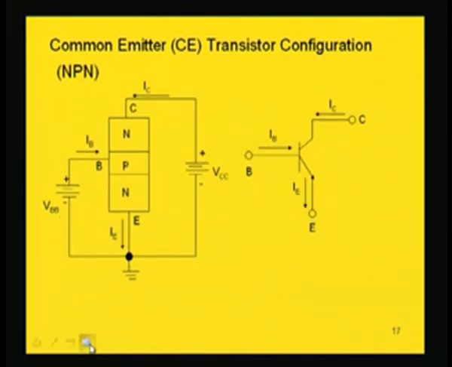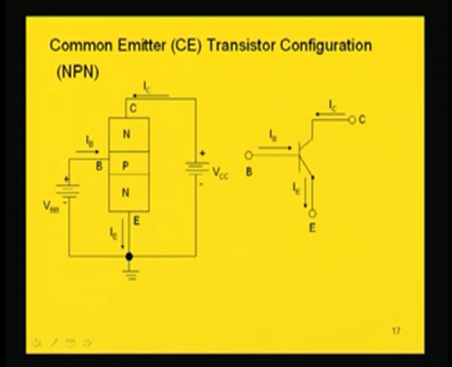Similarly, common emitter NPN transistor has the base emitter junction forward biased, it is NPN. So, this N is connected to negative, P is connected to positive.